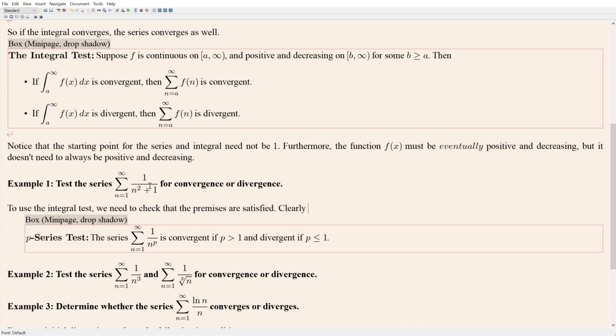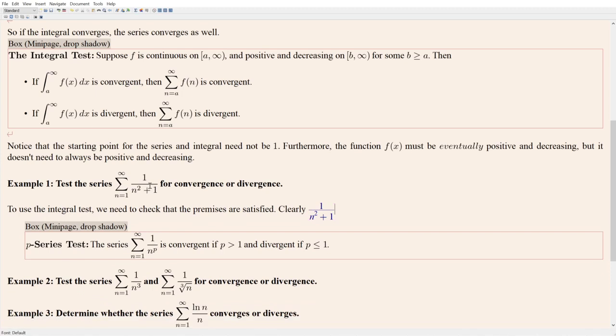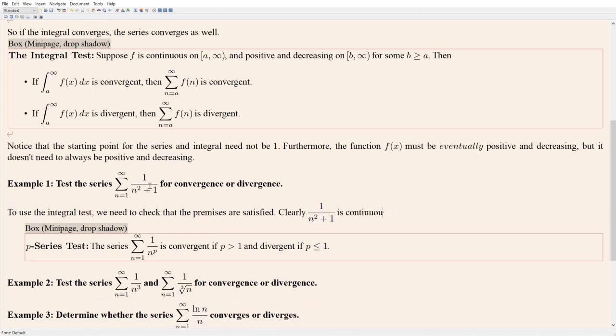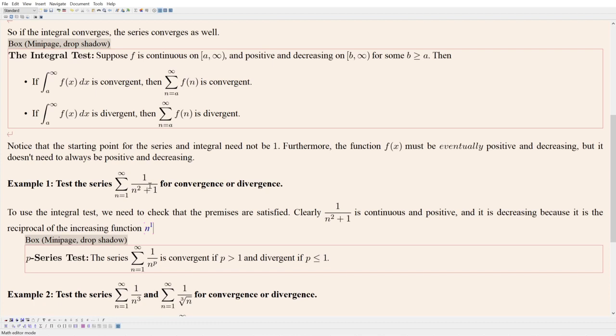So clearly, this function is continuous and positive, and it is decreasing because it is the reciprocal of the increasing function n squared plus 1.